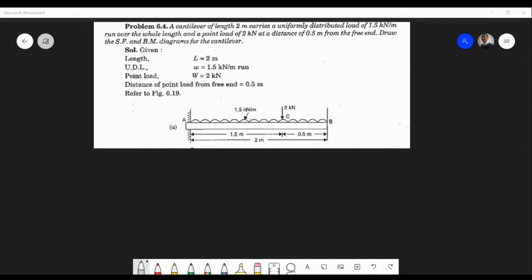Can I have my reaction for the cantilever? Five.